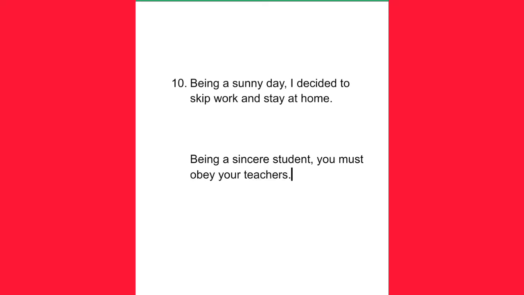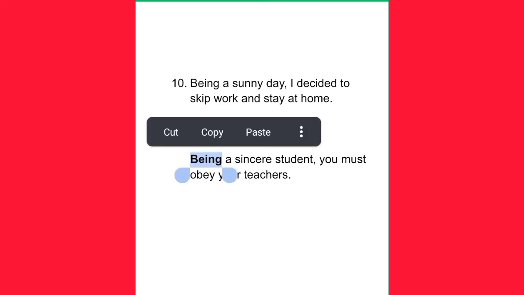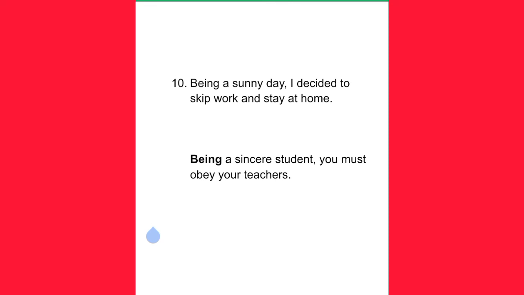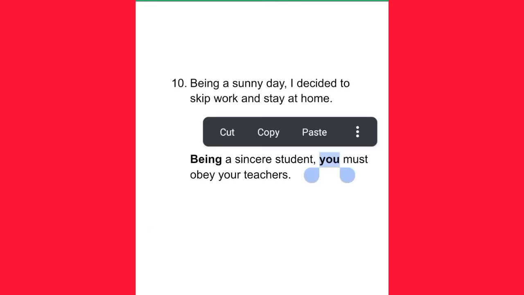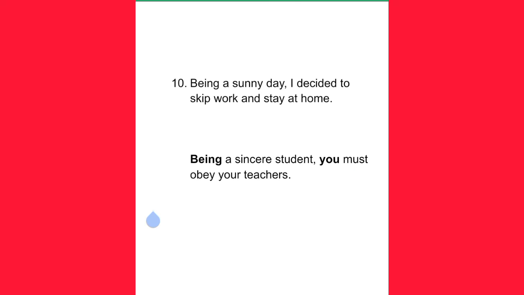Now in this sentence, this word being is used for you. Who is a sincere student? You. So it means if you think you are a sincere student, you must obey your teachers.